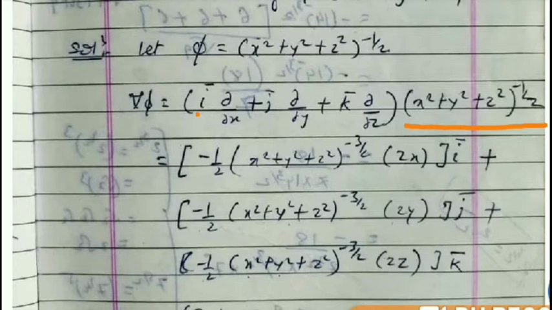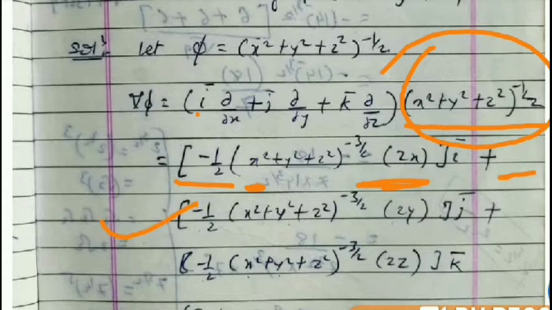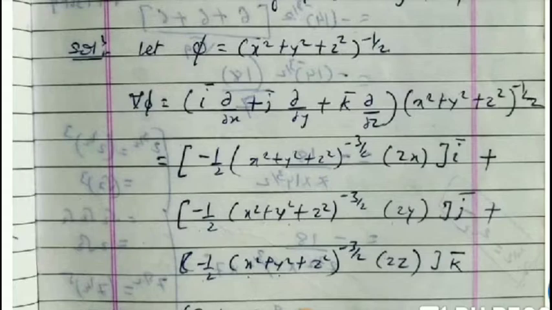So i as it is, and the derivative of (x square plus y square plus z square) to the power minus 1 by 2 is minus 1 by 2 (x square plus y square plus z square) to the power minus 3 by 2 into 2x, i as it is, plus with respect to y, minus 1 by 2 (x square plus y square plus z square) to the power minus 3 by 2 into 2y, j as it is, plus with respect to z, minus 1 by 2 (x square plus y square plus z square) to the power minus 3 by 2 into 2z, k as it is. So this is the value of del phi.